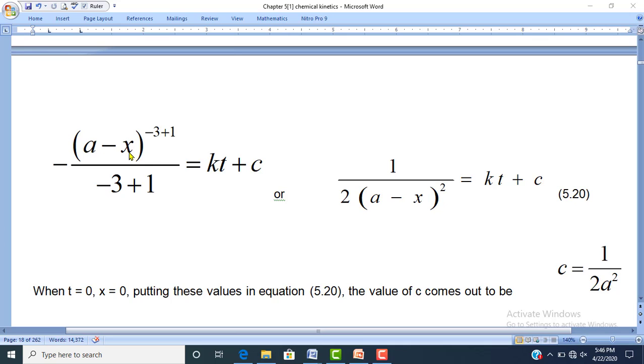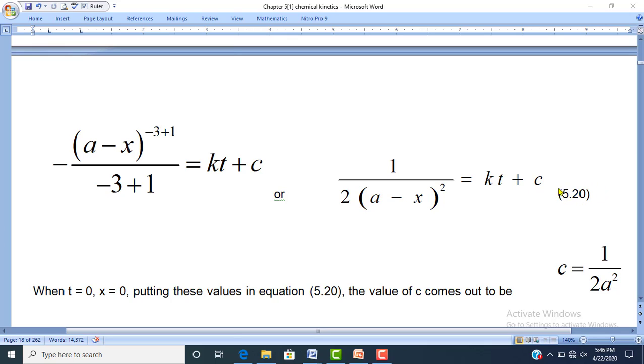Here (a minus x) was raised to the power minus 2, so when we put it in the denominator, this minus 2 changed into plus 2. So equation 5.20 became 1 over 2(a minus x) square is equal to kt plus c.